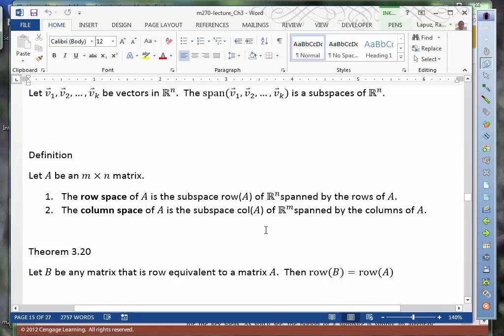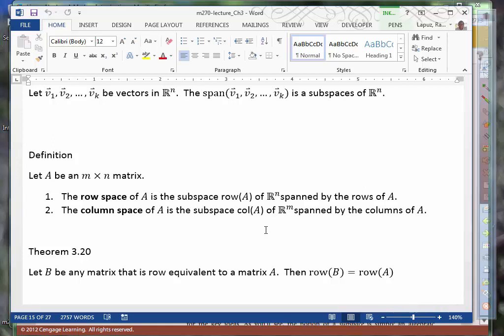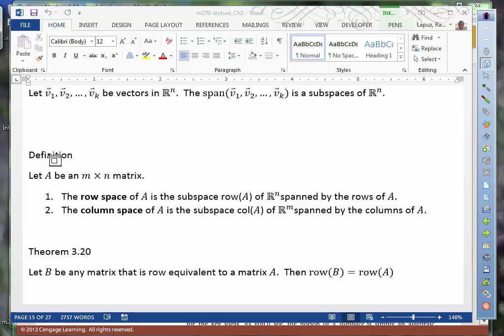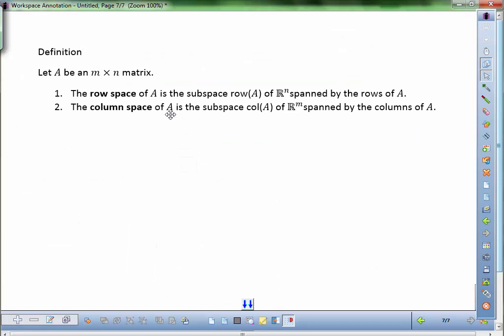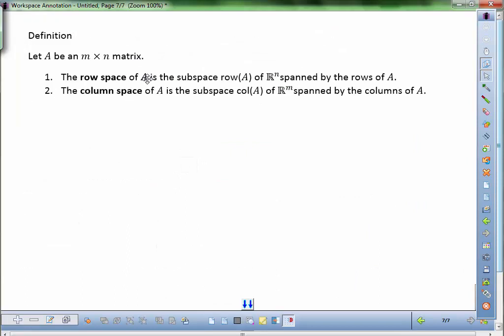This is something we're going to dive into next time, the row and column space of a matrix. A matrix is really a collection of vectors, whether you look at the columns as vectors or the rows as vectors.